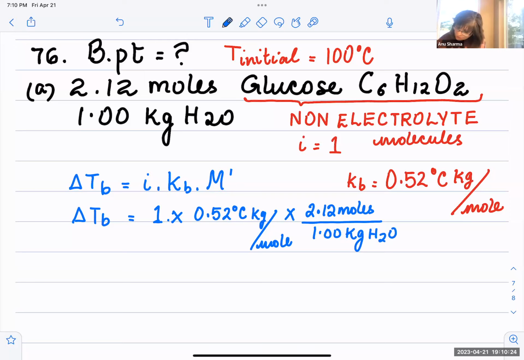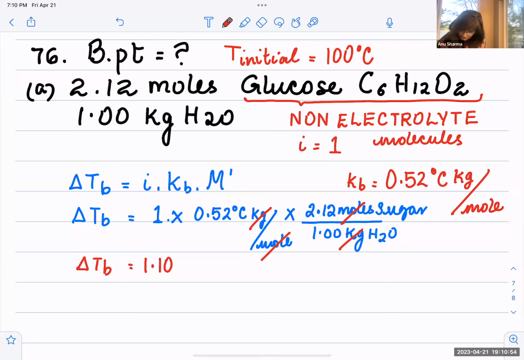We cancel out kilograms and kilograms, moles and moles, and you're just left with the unit of degrees Celsius. So 0.52 times 2.12, times 1, gives us the change in the boiling point, which is 1.10 degrees Celsius.